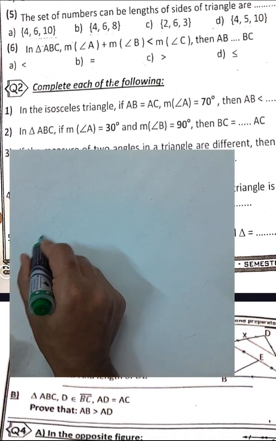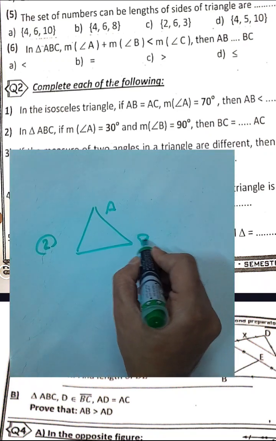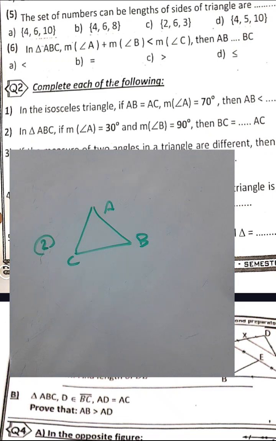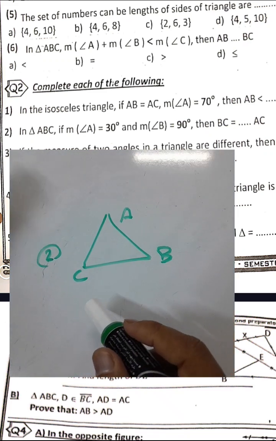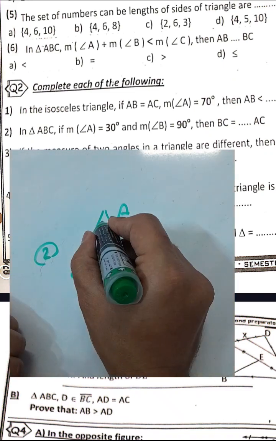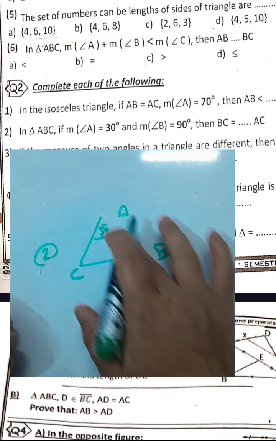Question number 2. In this triangle ABC, he gives us the measure of angle A as 30 degrees and the measure of angle B as 90. So I will draw it here again.